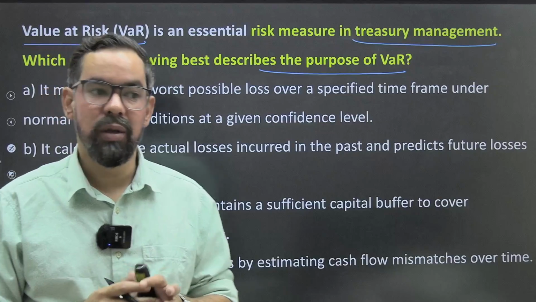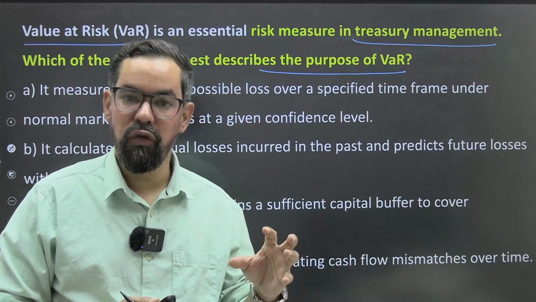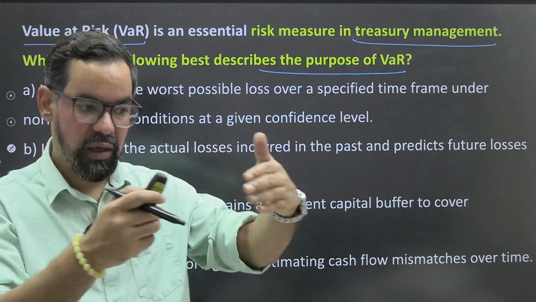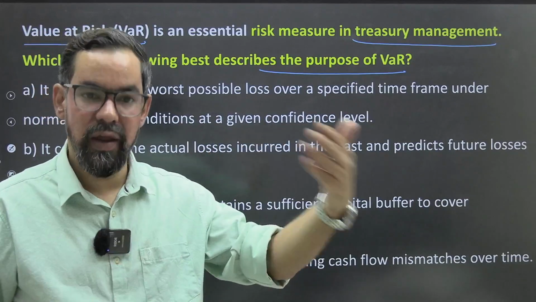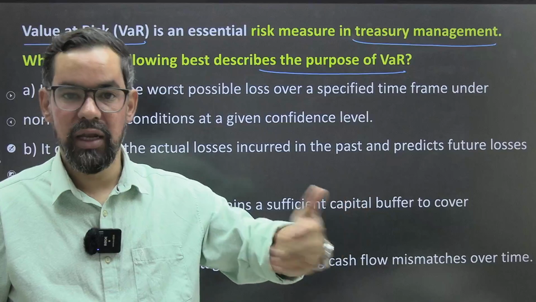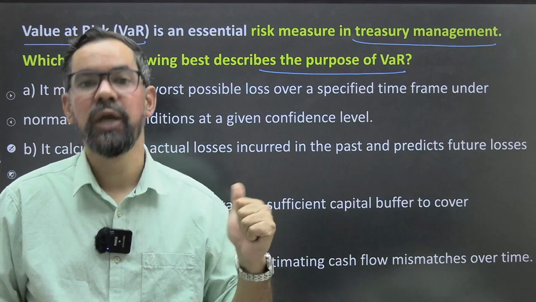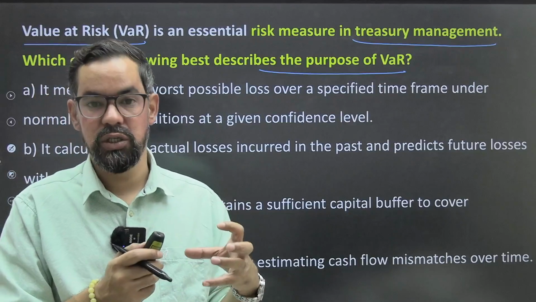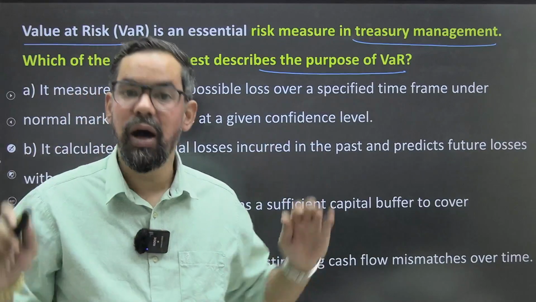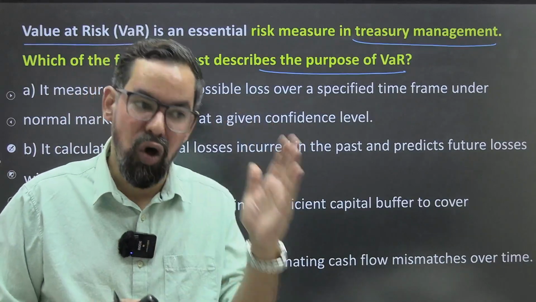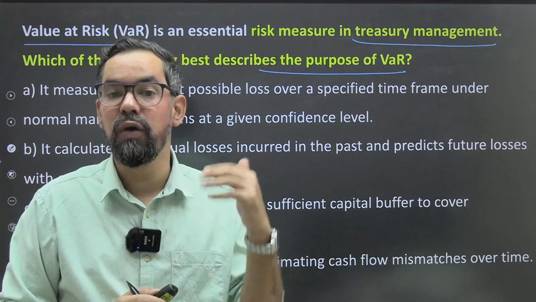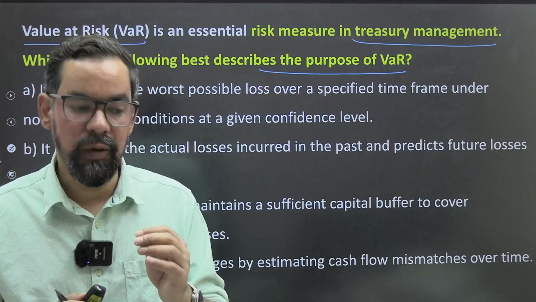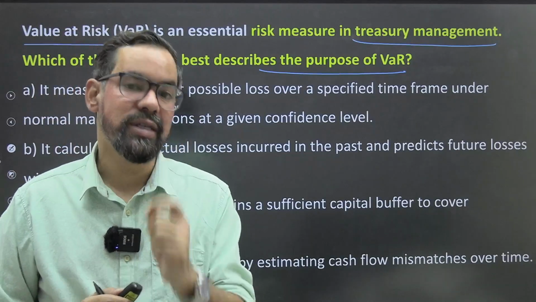We have studied that with this much confidence level, 99% or 95%, in a given time horizon, it can be 1 day VAR, 6 days, 10 days, or 1 month, 3 months, and all. And it is for the expected situations, where normal market conditions apply. For abnormal market conditions or any kind of stressful situation, apart from VAR, we generally go for stress testing and all.